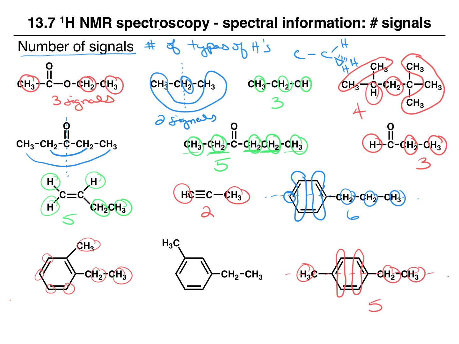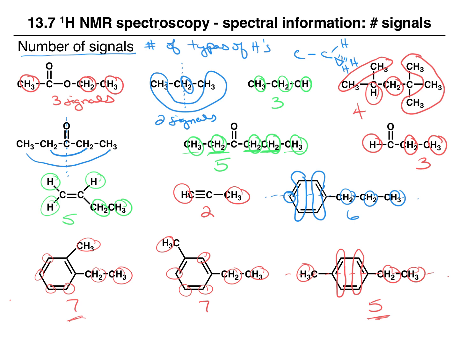So here we have a total of 7 signals. So notice here, because of symmetry, we only had 5. Here we have 7. And then over here, we've got this methyl group different than this methyl group, different than the CH2. This hydrogen is different than this hydrogen, is slightly different than this hydrogen, is different than this hydrogen. So once again, 7 signals.